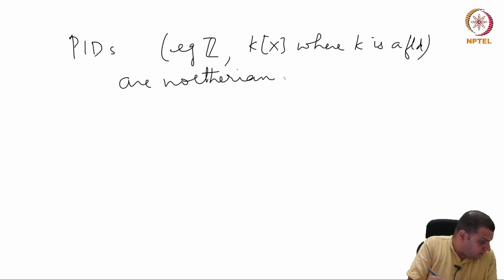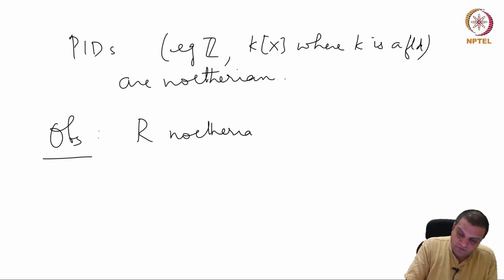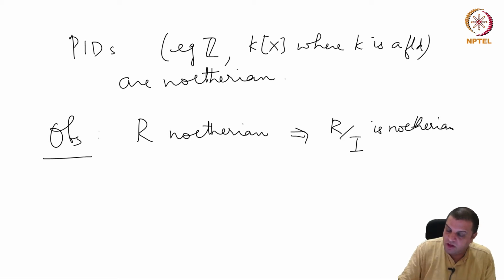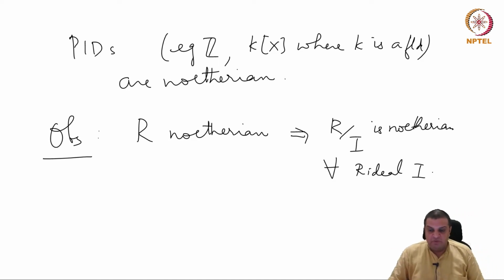So here is one more observation which we will keep using. If R is Noetherian, then so is R mod I for every ideal I of R. So the property of being Noetherian is transferred to the quotient rings.